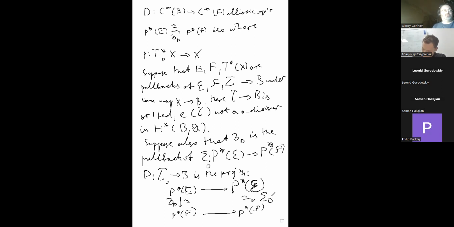So we suppose that there is an isomorphism between capital P upper star of the calligraphic E and capital P upper star of the calligraphic F, such that the diagram commutes. Well, then.